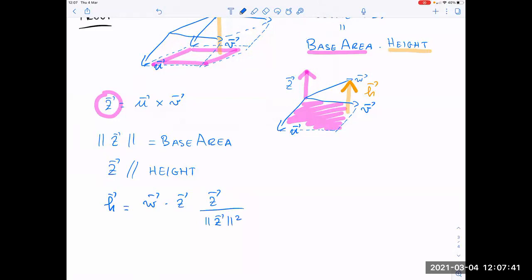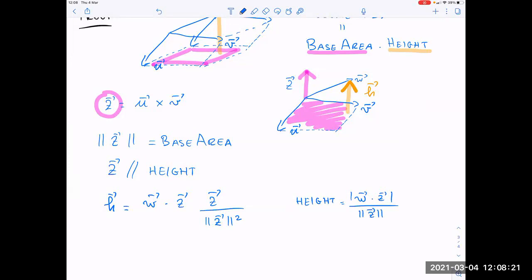So this is the height, right? This is the height of the box. And what is the magnitude of the vector height? So what we call height. So height is w dot z in absolute value divided by magnitude of z.